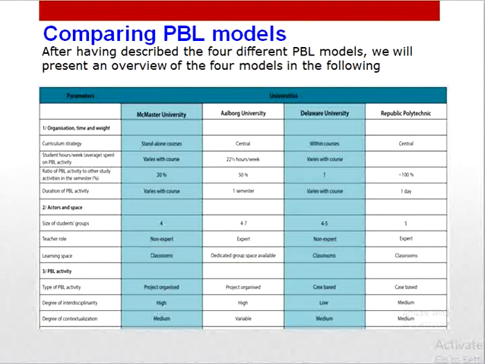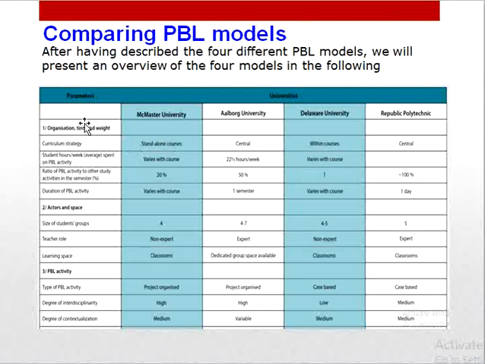In order: first McMaster University, Aalborg University, Delaware University and Republic Polytechnic. In organization, time and weight, if you consider the first parameter, curriculum strategy, according to McMaster University it is standalone. After that, Aalborg is project-centered, Delaware University is within the course, and Republic is a centre.